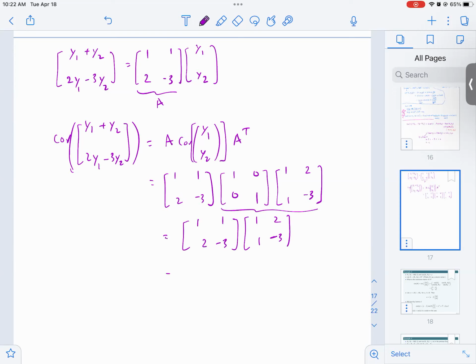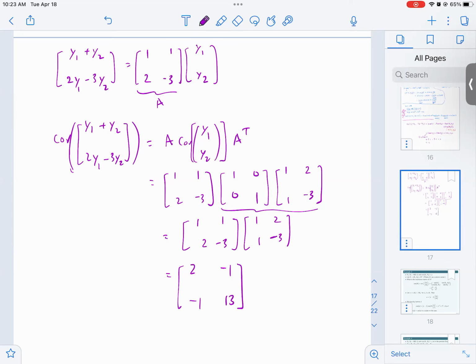Let's multiply the other one. I guess you know how to multiply. So this is going to be 2, right? And then 2 minus 3 would be minus 1, and then what will be the last one? 4 plus 9, so 13.